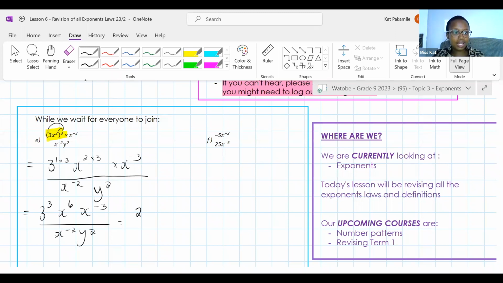These are being multiplied, so we add the exponents, so it's plus negative 3. And then we have a major divide over here. So divide by the one at the bottom and we subtract negative 2. That's our x, right?